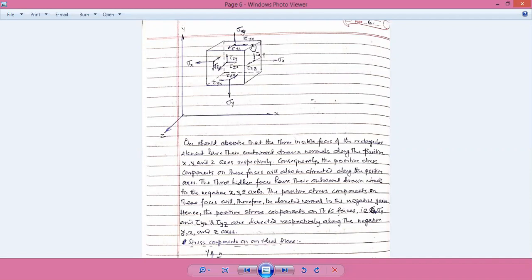So everywhere you have to find out which axis and which way it is acting, positive or negative direction, and you have to understand it like this. So what we find here is that on the visible planes, all these three forces are acting, and the tensile and shear stresses are acting in the positive direction of their respective coordinate axes itself.